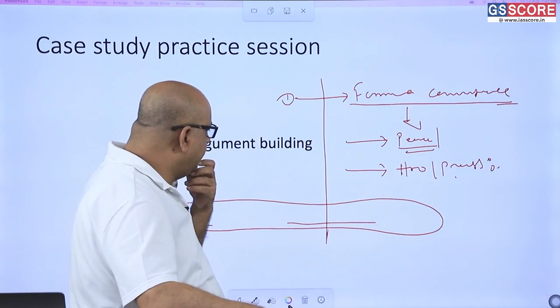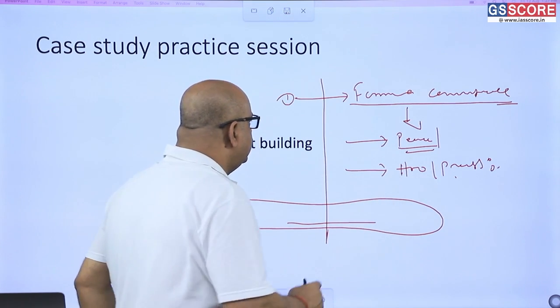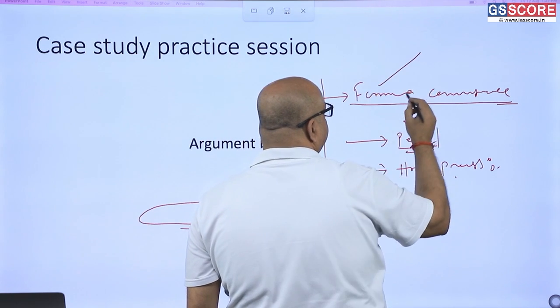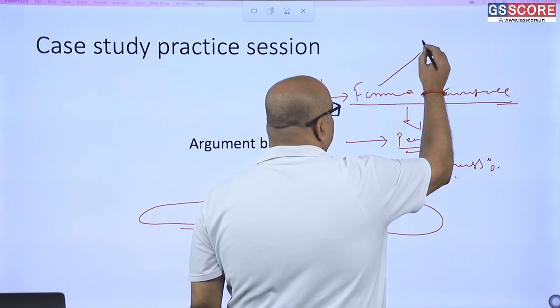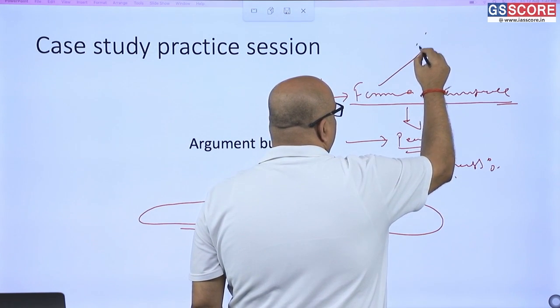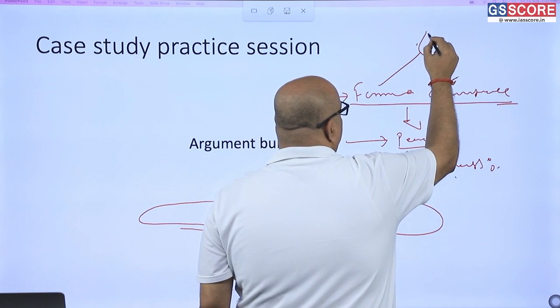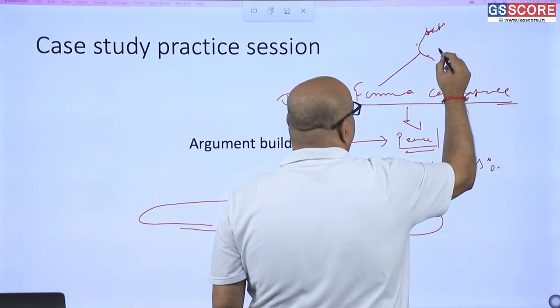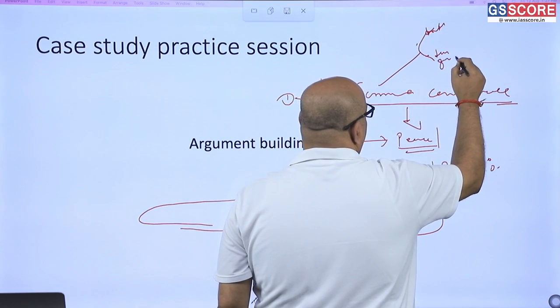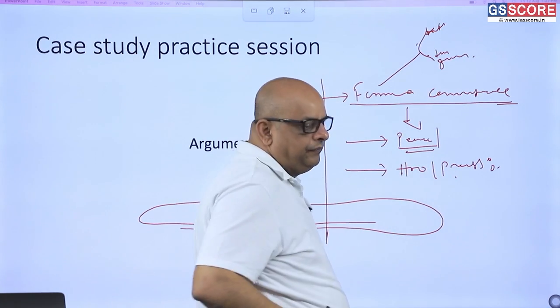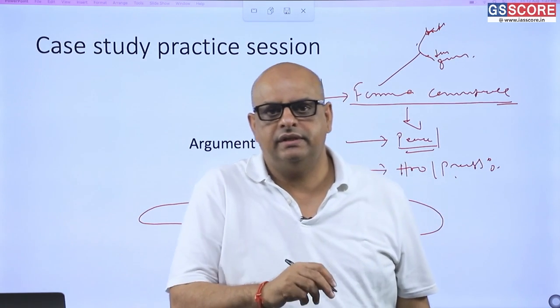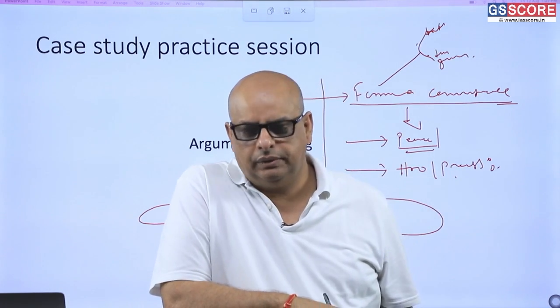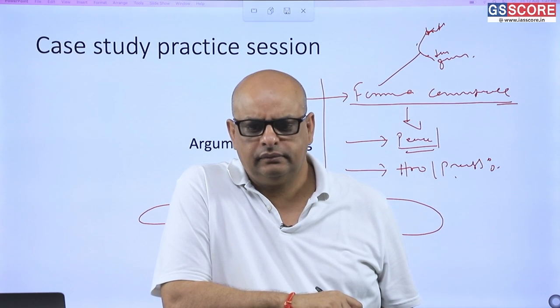So the question is here, what is the process? The process is basically, number one, to call representatives of both the groups. Why representatives of both the groups in this committee?